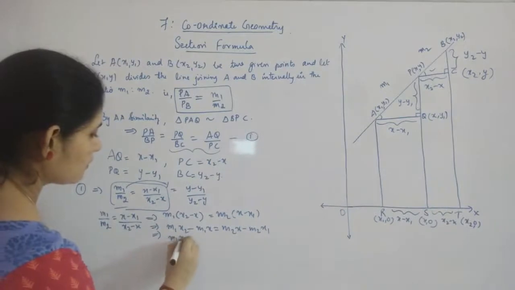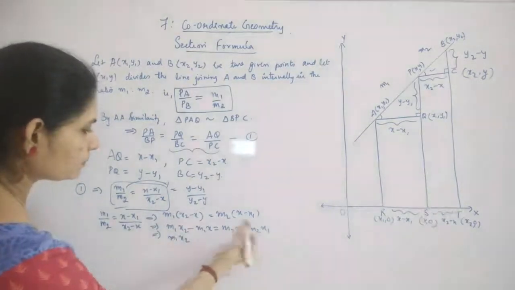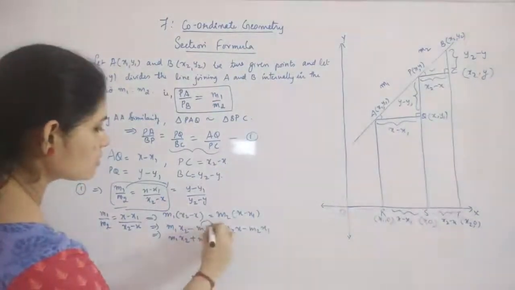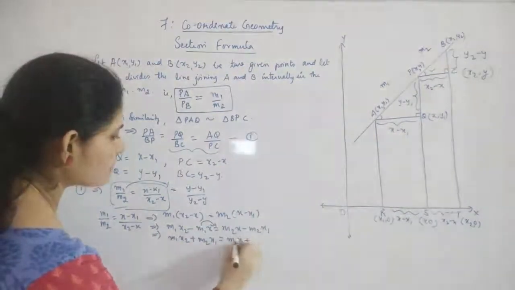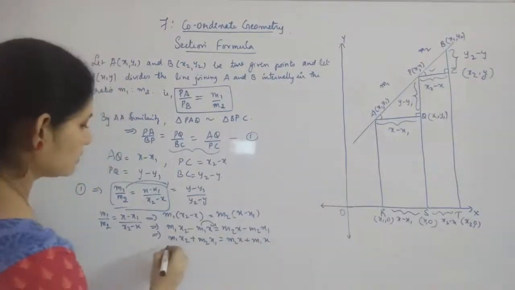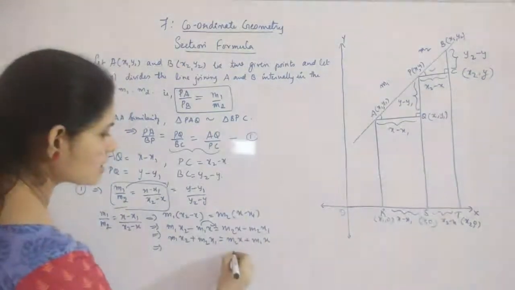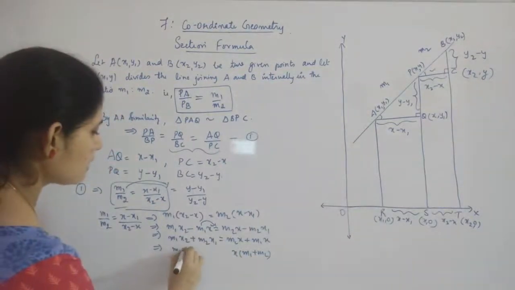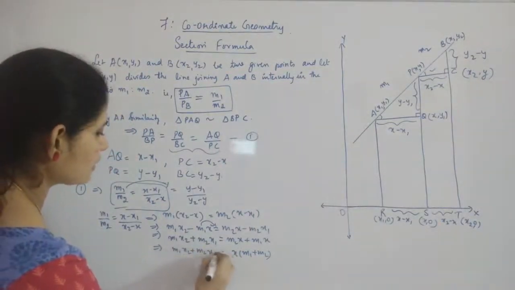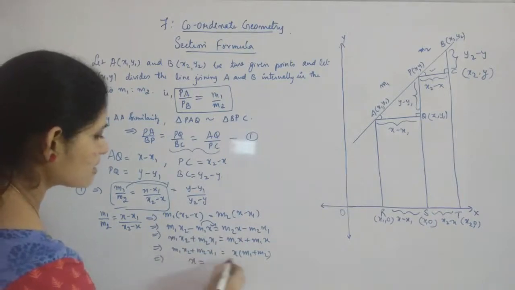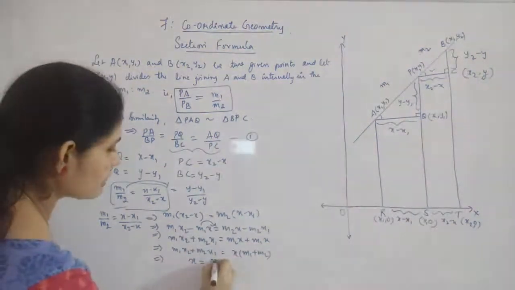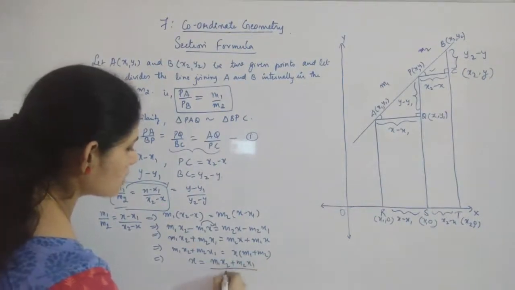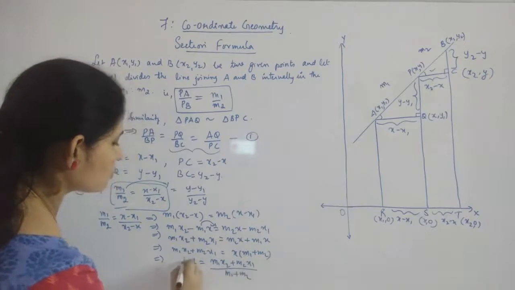So you are getting m1 x2 plus m2 x1 is equal to m2 x plus m1 x, or else you can take out x in common, so it is m1 plus m2. Here it is m1 x2 plus m2 x1, which implies x is equal to m1 x2 plus m2 x1 divided by m1 plus m2, with this coming in the denominator.